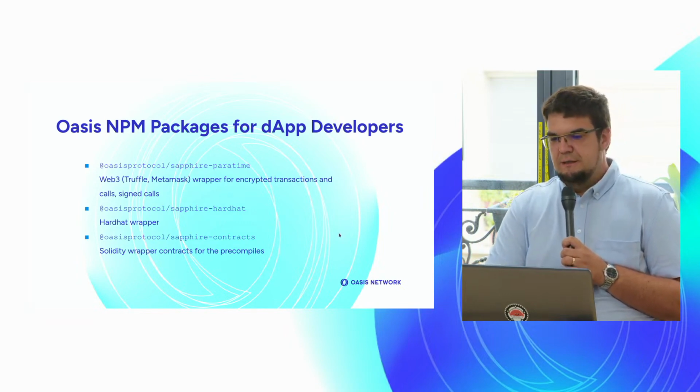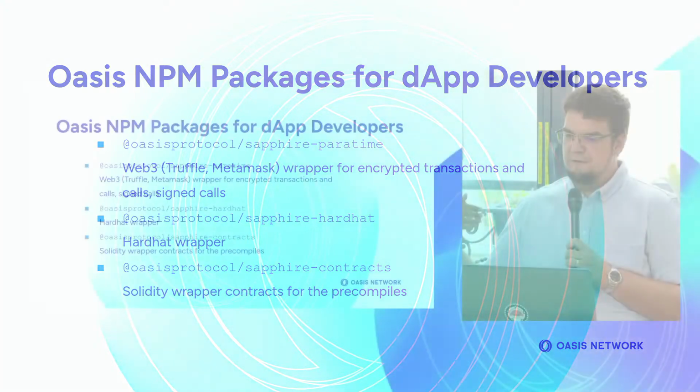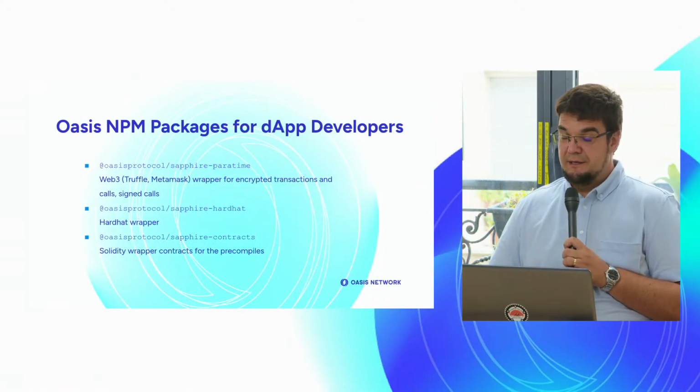The Sapphire Hardhat is a wrapper that takes the config file of your Hardhat project and wraps it so that this ethers object is now using the encryption and automatic signing.